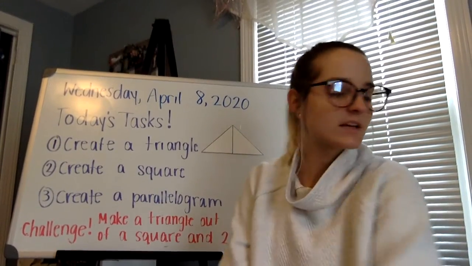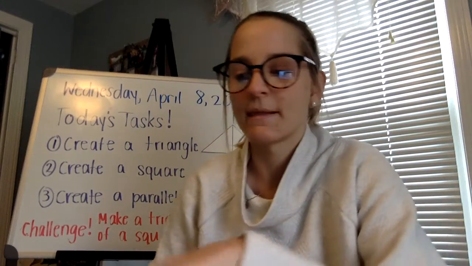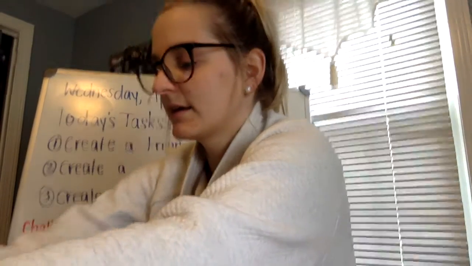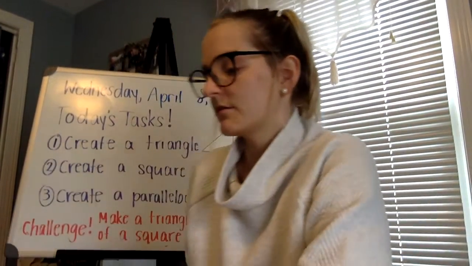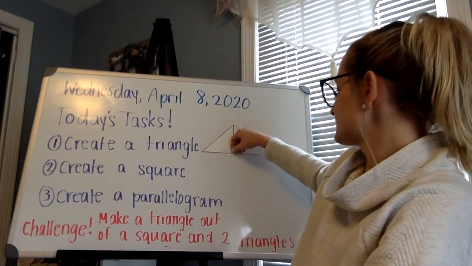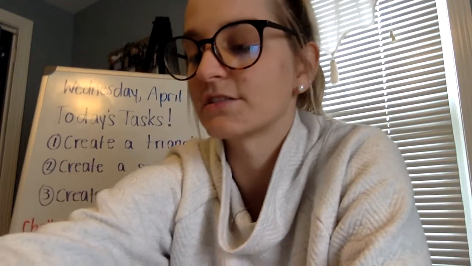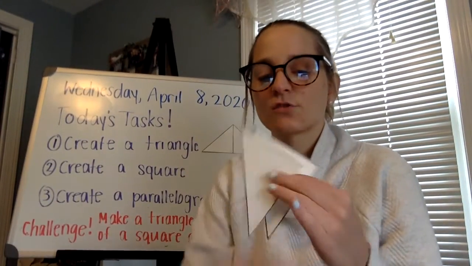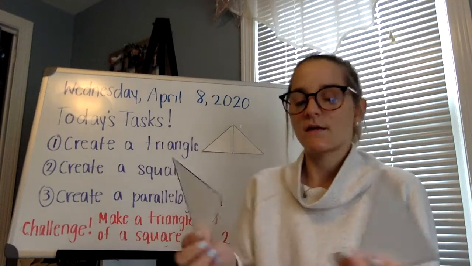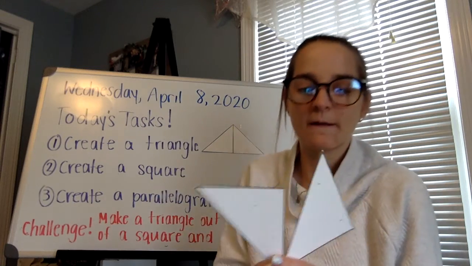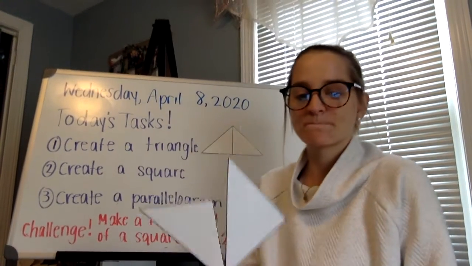Okay? Now, our next task for today, and what I did, friends, is I cut out more triangles of the same size so that we could use them to now make a square. So today, our next task is to make a square.